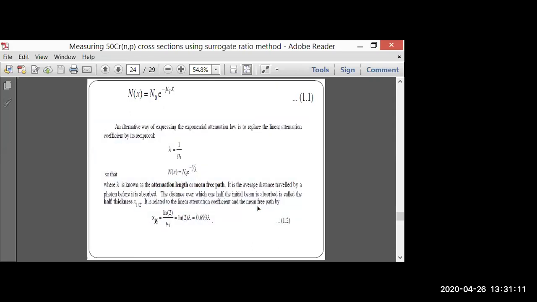So here you can explain that mu L has a relation with half thickness. Half thickness means the distance where my intensity remains 50% of the initial one.